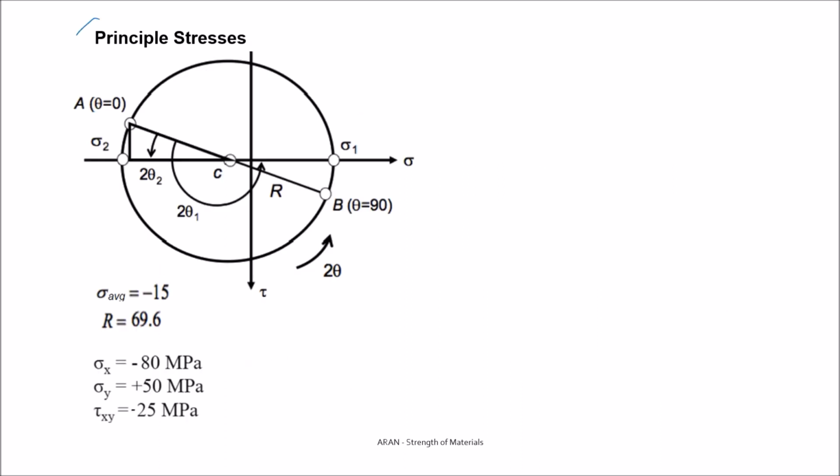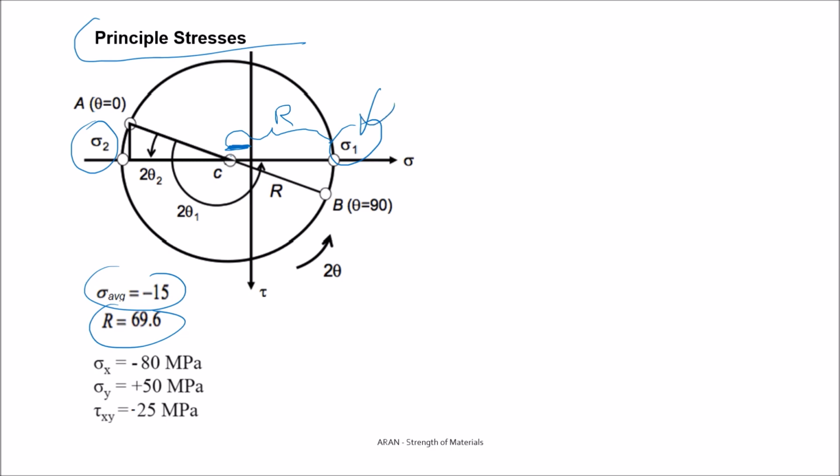Number 1, principal stresses. Well, the principal stresses are here, sigma 1 and sigma 2. How do we calculate? This is R minus this value, the center. R minus this value gives you sigma 1. And look at sigma 2. R plus this value gives you sigma 2.